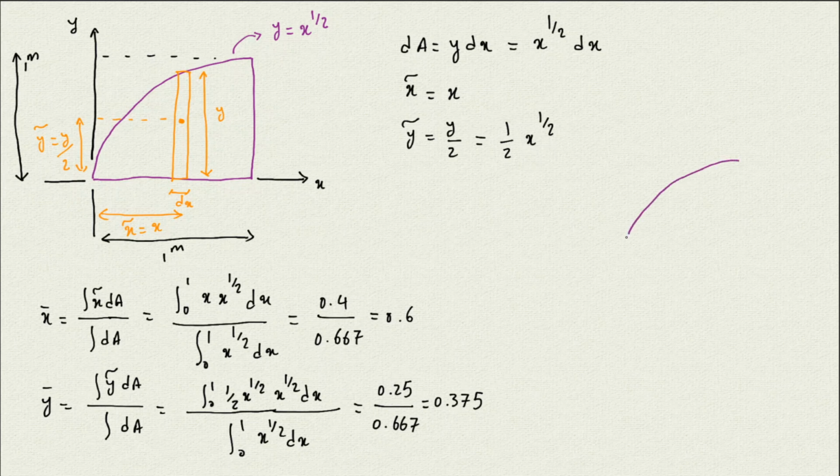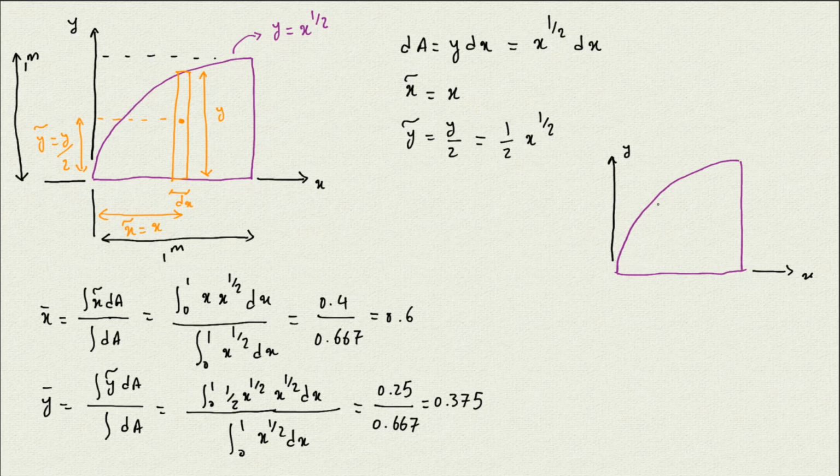This is the same shape, and then we have the x and y direction. This is x, this is y. I just want to show you how it's going to be the same if I choose the horizontal element, and everything will come out the same.